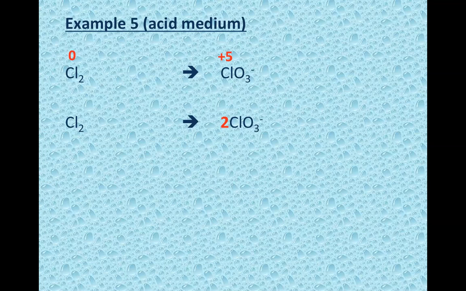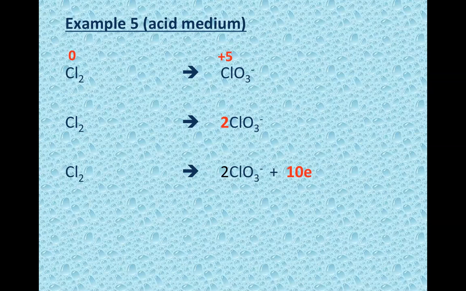For each chlorine atom to be oxidized to ClO3 minus, each of them must lose 5 electrons. And since there are 2 chlorine atoms, they must lose a total of 10 electrons. So here, I add 10 electrons to the right hand side, as these electrons have been lost.